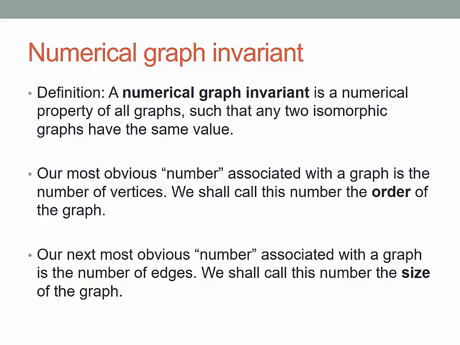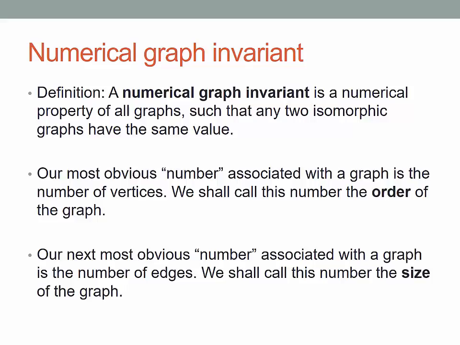So a numerical graph invariant, or simply a graph invariant, is a property or a number that is invariant under isomorphism. The most obvious of that would be the total number of vertices. Certainly, if two graphs are isomorphic, then they would have to have the same number of vertices. So the number of vertices is a graph invariant. This is usually referred to as the order of the graph.